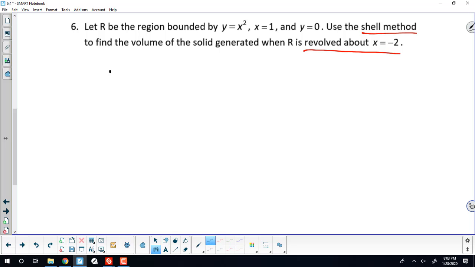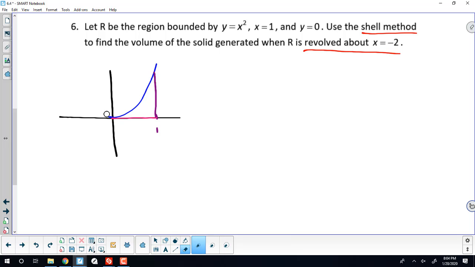So again, we're just going to draw out real quick what this looks like. y equals x squared, x equals 1, and y equals 0. We don't really need that part. There's our region.